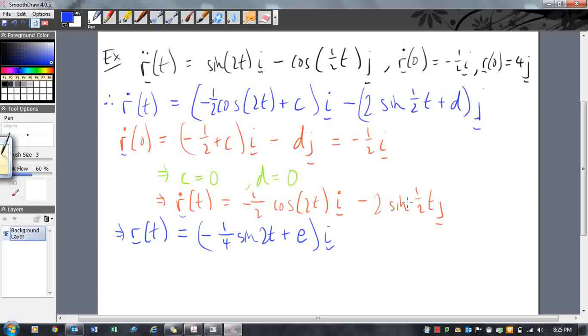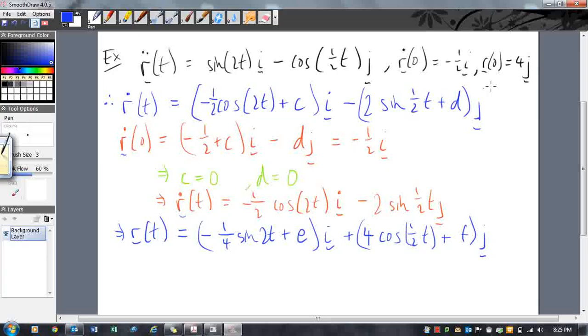Cool, and over here, sine goes to negative cos, so it'll be plus, that 2, and it'll be cos half t, and we're going to divide by half, so that'll increase again, so it'll be plus 4 cos half t, and plus another integration constant, plus f, all in the j direction.